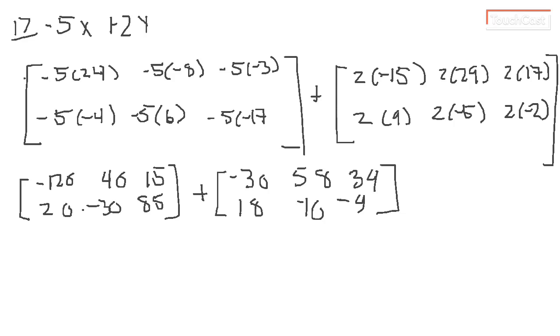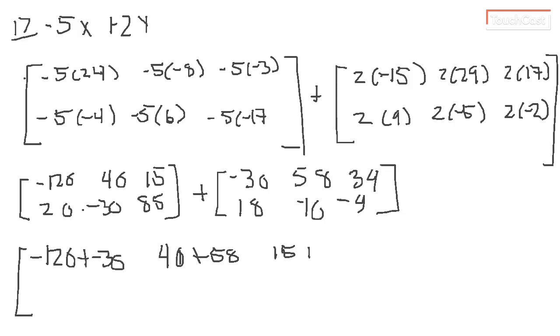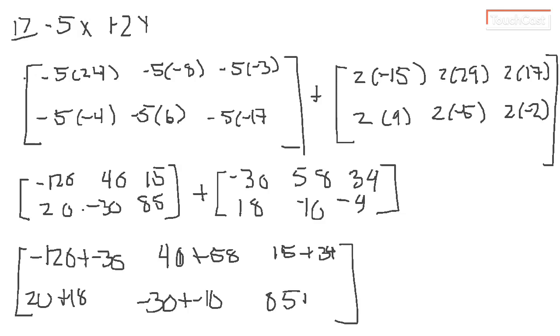Now we're going to add the like elements. So we're going to go negative 120 plus negative 30, 40 plus 58, and 15 plus 34 for the first row. Now into the second row, 20 plus 18, negative 30 plus negative 10, and 85 plus negative 4.